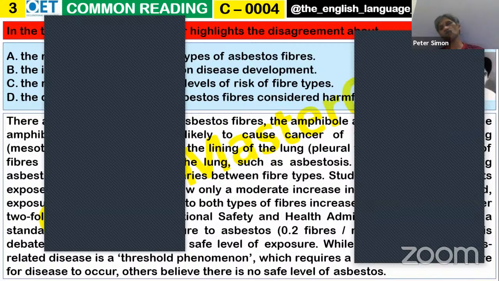But if any serious student is there, only for writing or only for speaking, I'll give admission. Those students can contact me on WhatsApp.